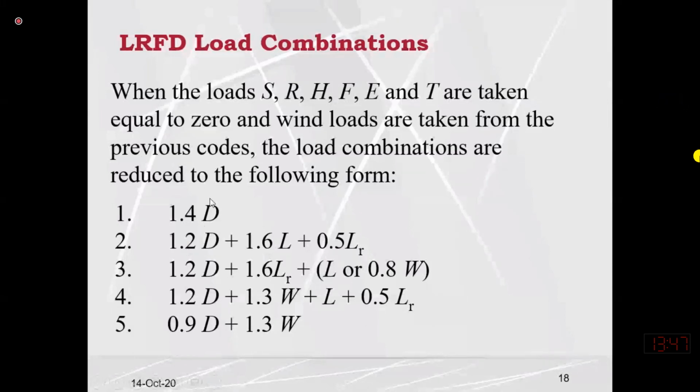We design the structure for all these types of combination, and out of these, the combination giving the heaviest section will be our structural component, which will safely carry the load. The first combination is only the dead load combination, 1.4. If we only need to design for the dead load, then we need to consider this.